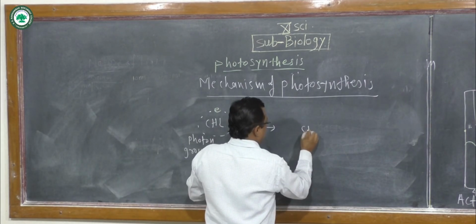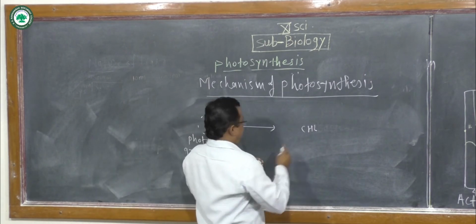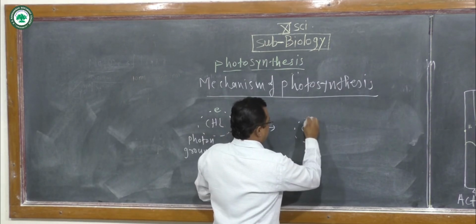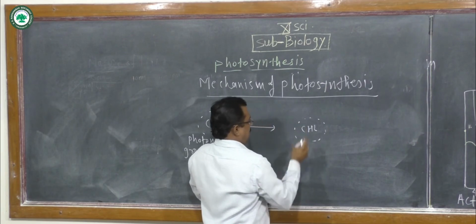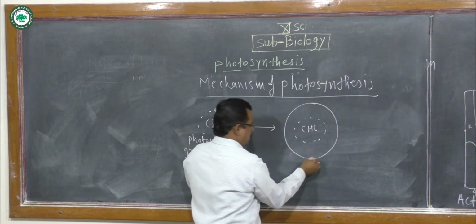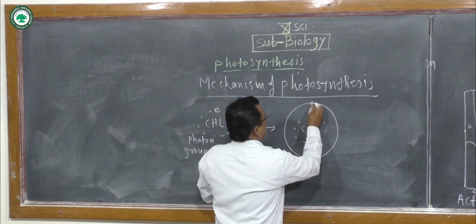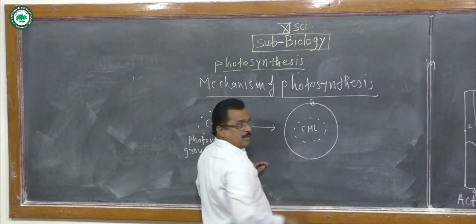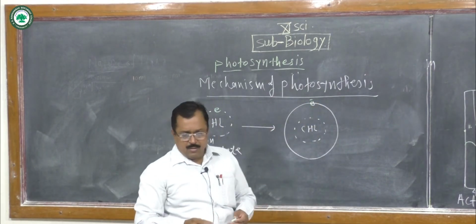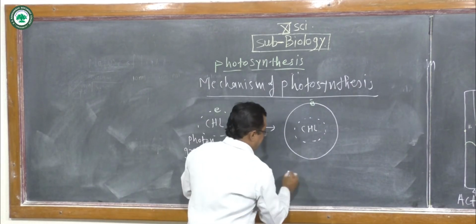then the chlorophyll A, the electrons from the original orbit go to the excited state.